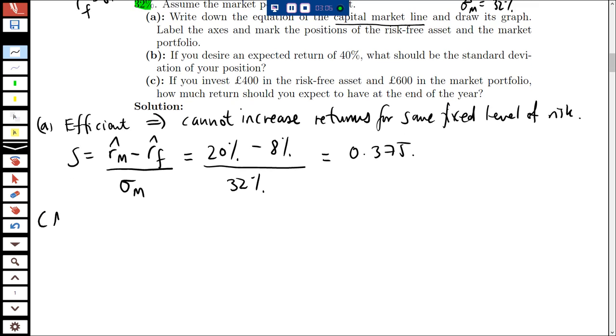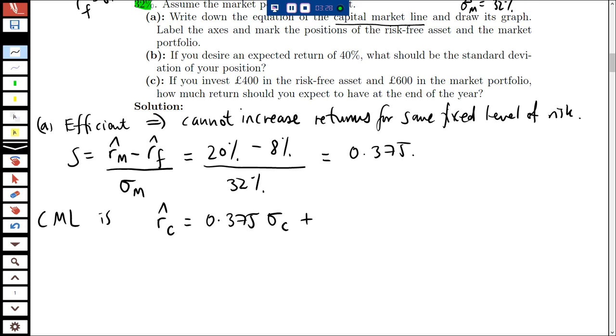So the capital market line is the expected return on some complete portfolio which contains some risky assets and a risk-free asset. 0.375 times the standard deviation.